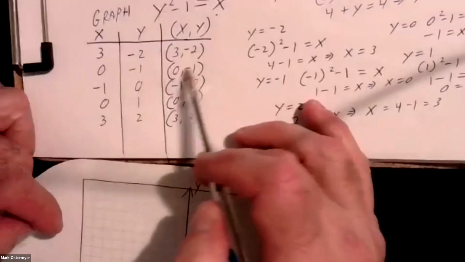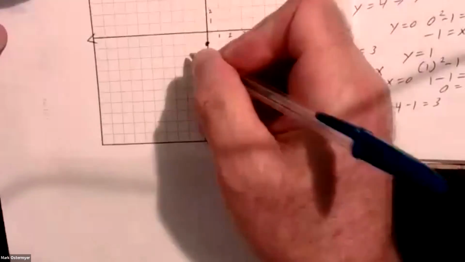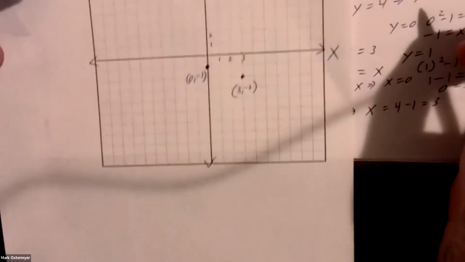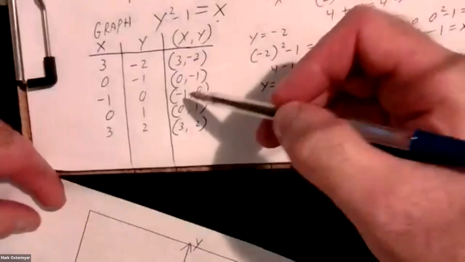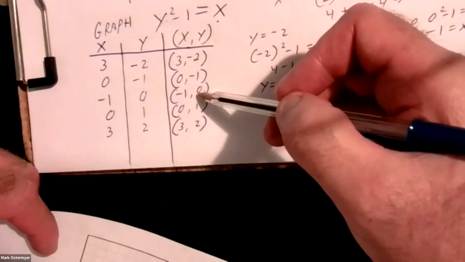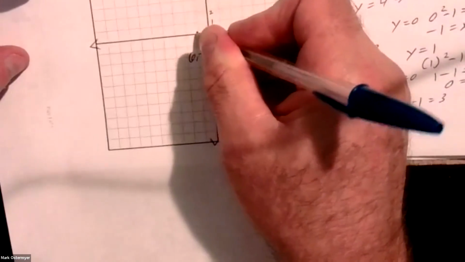Plotting the point (0, -1), we start at the origin, and I move down 1 unit on the y-axis. There's (0, -1). Plotting the point (-1, 0), we start at the origin, move 1 to the left, and then stay on the x-axis. So (-1, 0) is going to be right here.